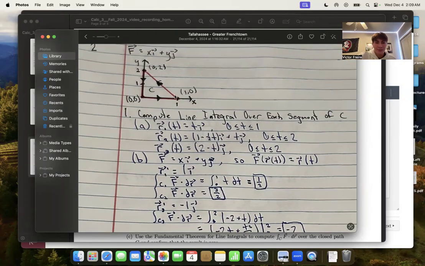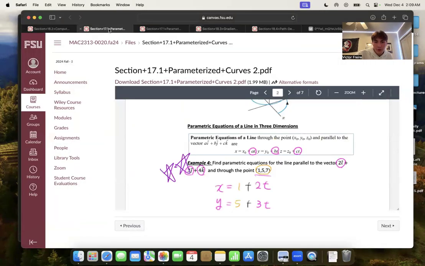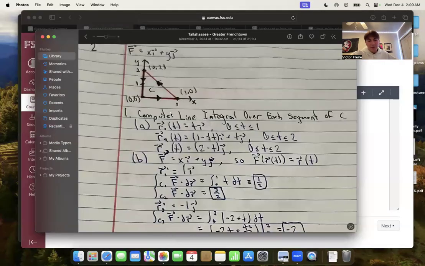So we're using the same formula, x equals x naught plus at, y equals y naught plus bt.